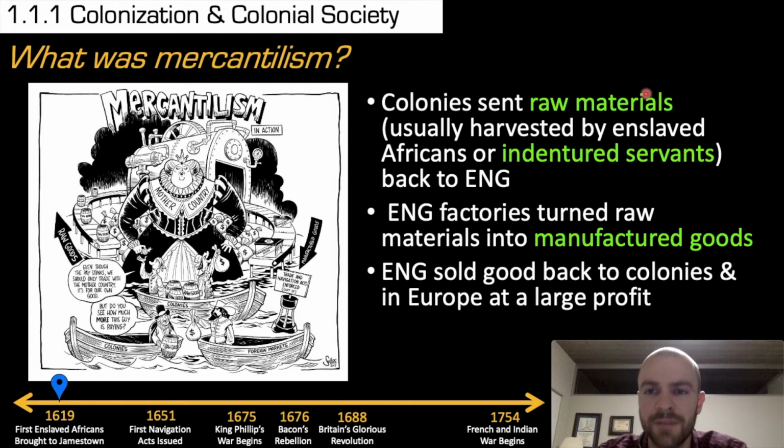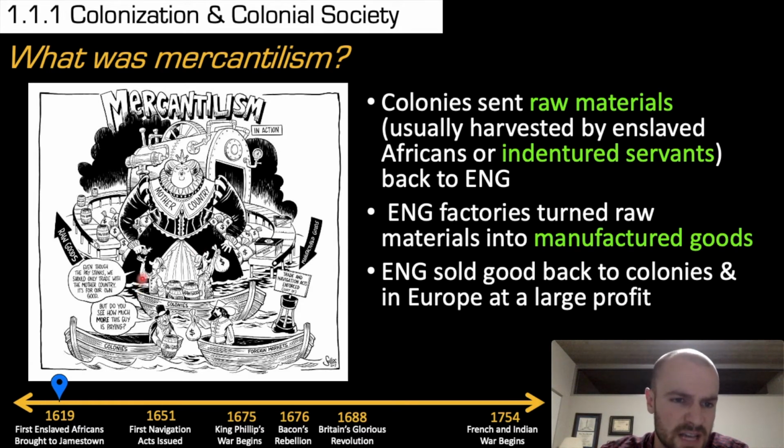So you think about it, England is getting all of these raw materials essentially for free because they're using enslaved African labor and also the labor of indentured servants. And then they're taking all of these free raw materials, building stuff, and then selling those goods back to the colonists and also to other European countries. So this was very, very profitable to England.